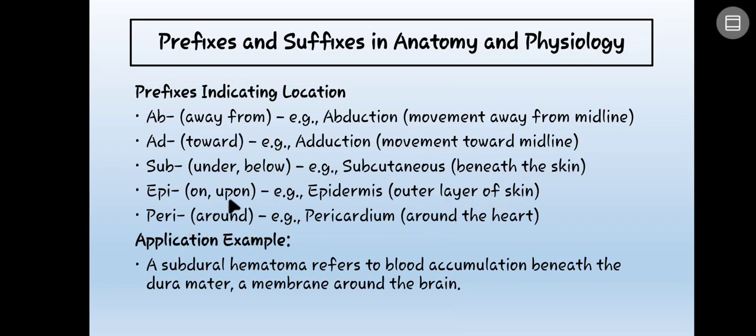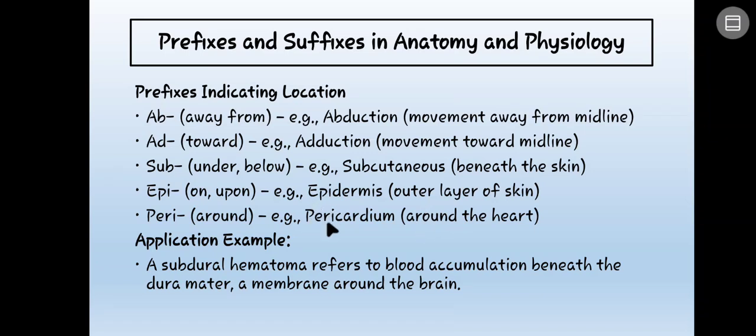Peri. Peri means around. So when you see a word like pericardium, cardium refers to the heart. Cardia or cardio means reference to the heart. Peri means around, so pericardium means around the heart.